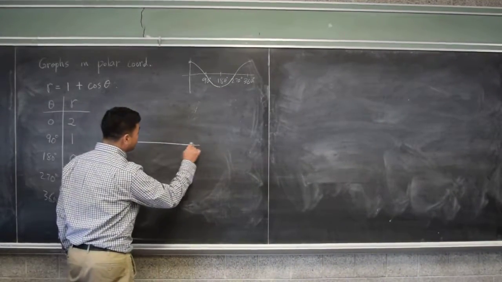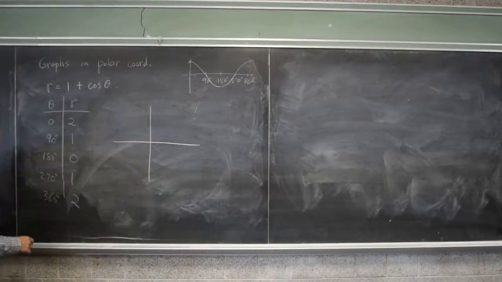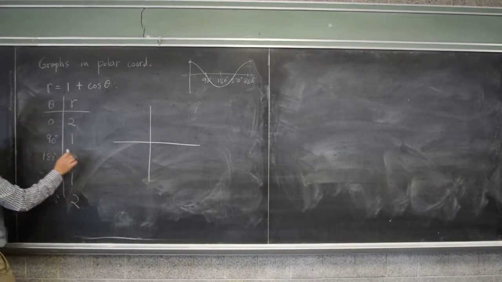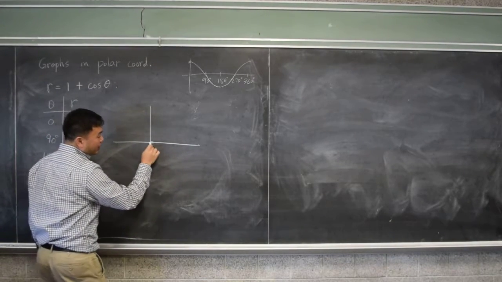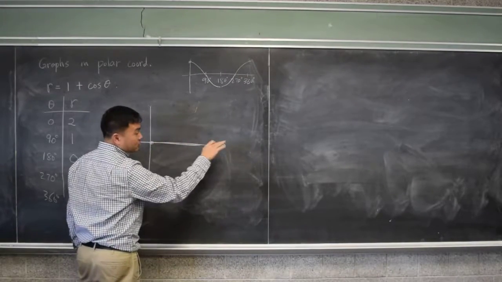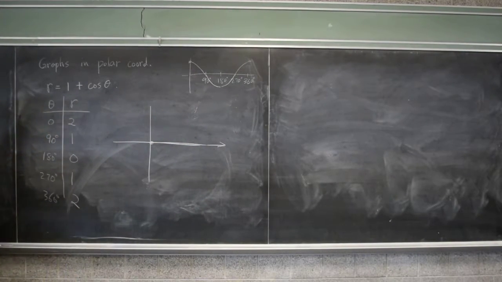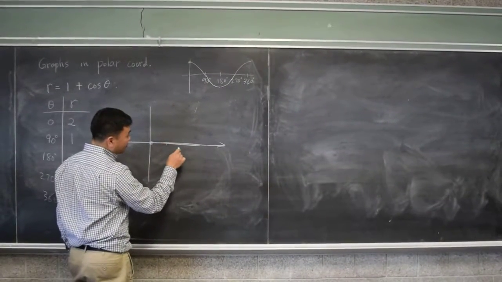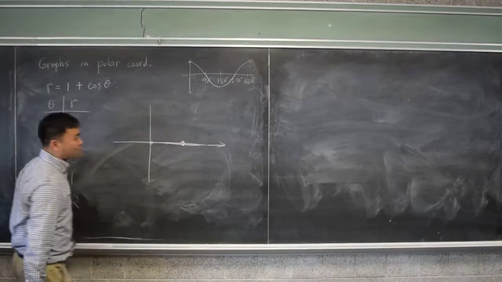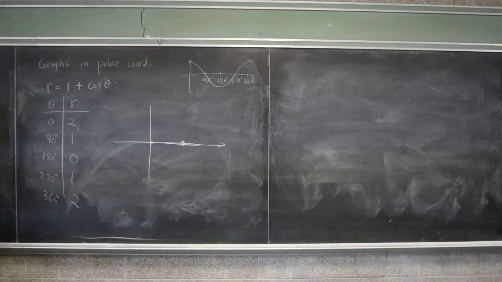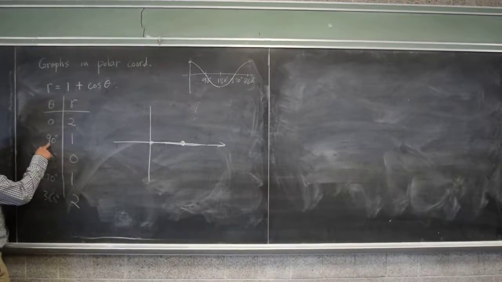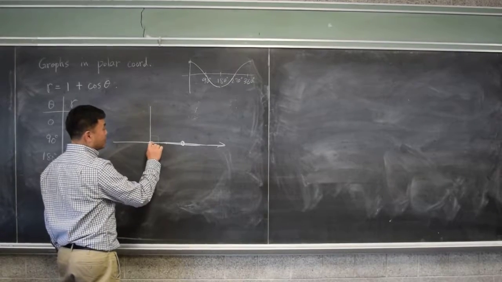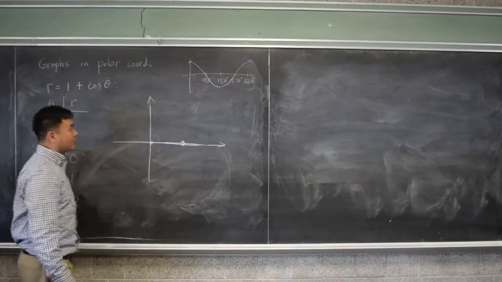Okay, now let's plot them. Let's see what it means. This means at the ray that's 0 degrees from the x-axis, in other words, the positive x-axis itself, you have to go 2 steps. So you go 1 step, 2 steps, right here. That's where the graph should begin. And then at the ray of 90 degrees from the positive x-axis, this is the ray that we're talking about, right?